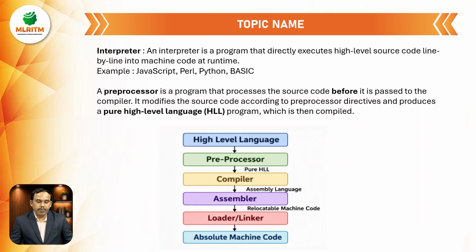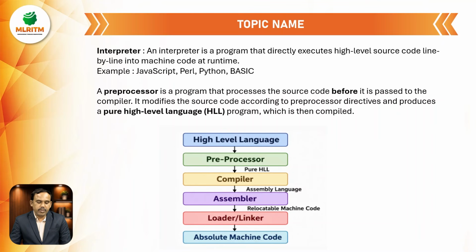The preprocessor is a program that processes the source code before it is passed to the compiler. It modifies the source code according to the preprocessor directives and produces a pure high-level language program, which is then compiled.